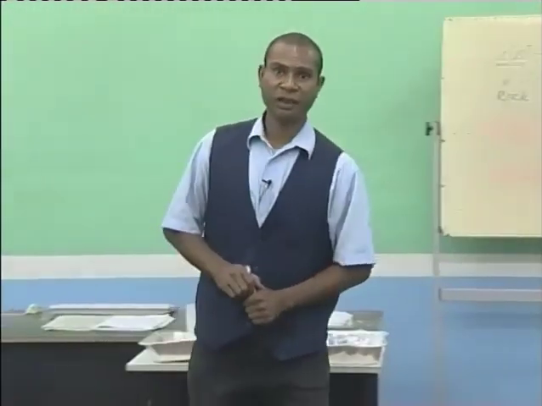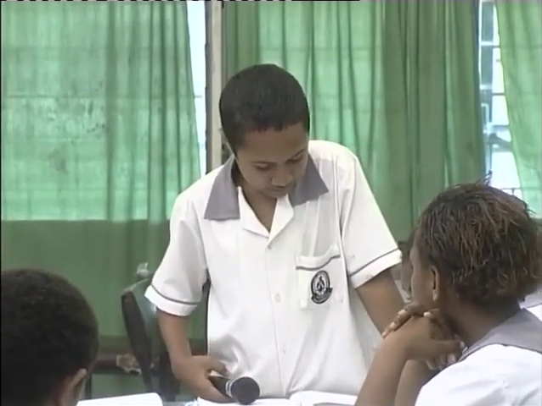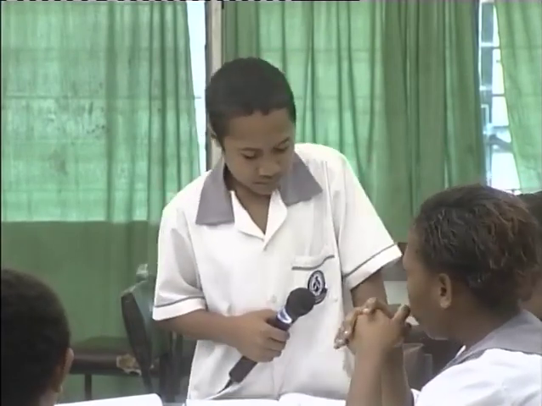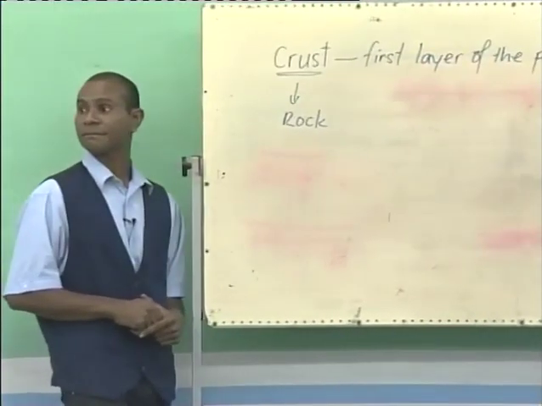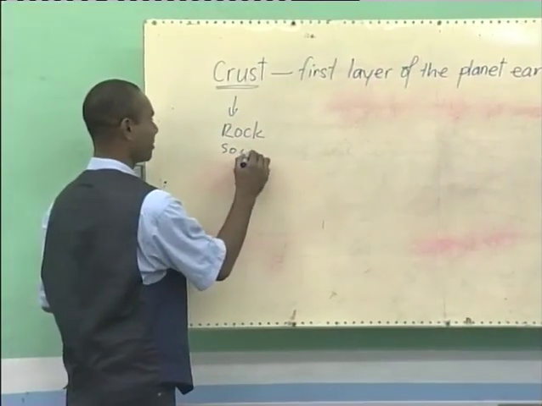So Onia said we can find rocks. The earth's crust is rocks. Solid rocks. Rocks, solid rocks.